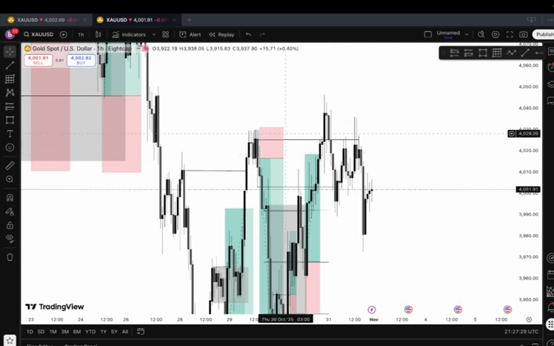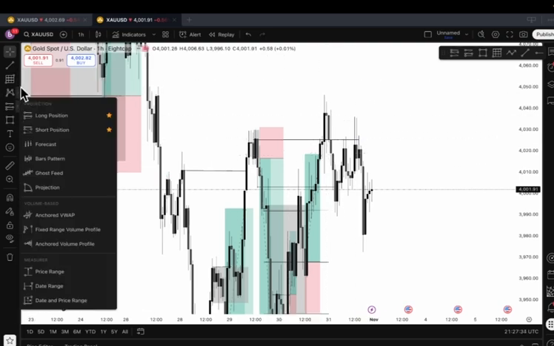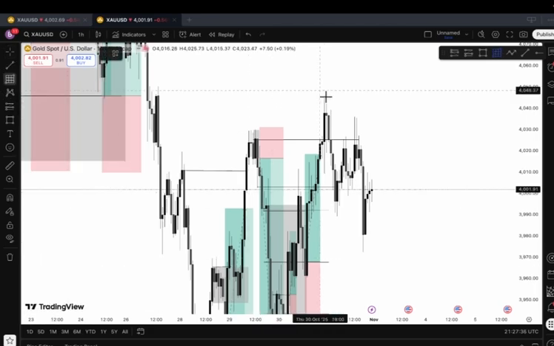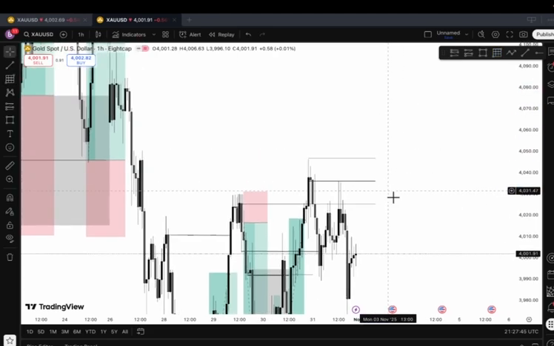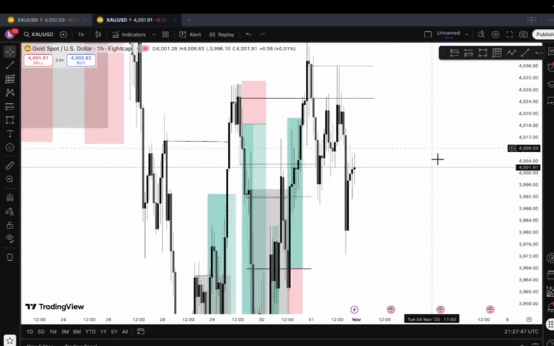So what I did was I mapped out this, and I also marked out 50% of this high to this key level. When I took this trade, I also outlined, when I drew the markup, that price should get to the middle.